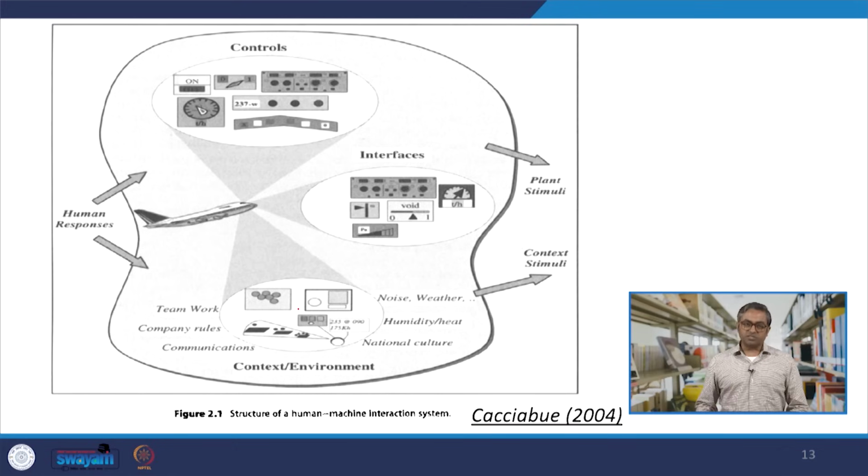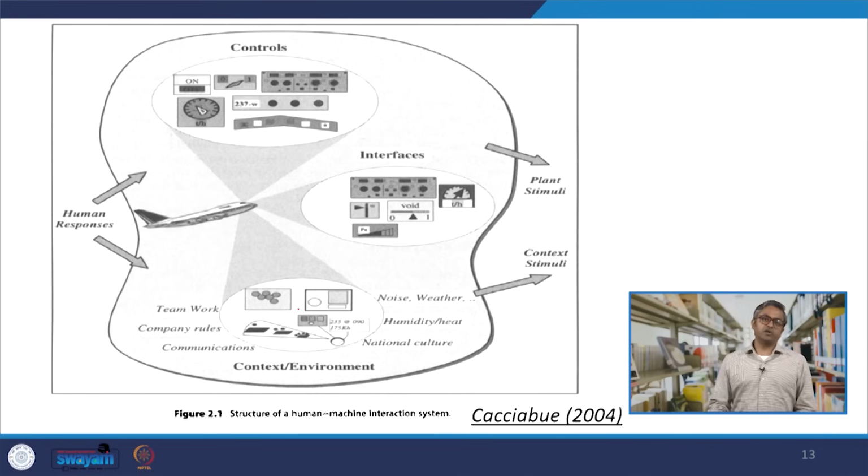When a human interacts with the system, as you can see in your cartoon, taking an example from aviation, when a plane is flying, the pilot in the air and the traffic controller on the ground need coordination. They both are interacting with their own machine system, and both systems are interacting with each other.